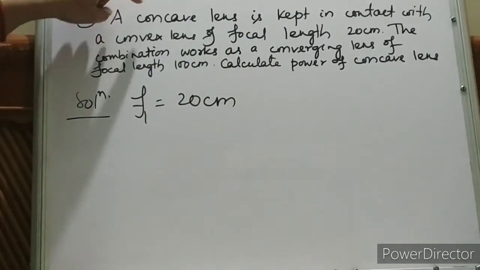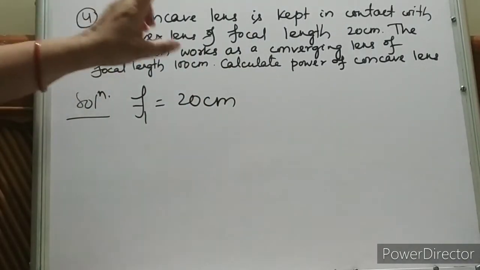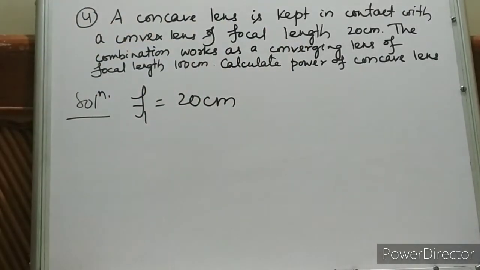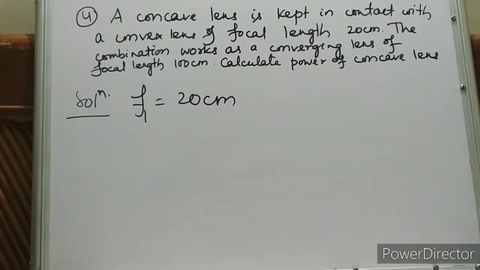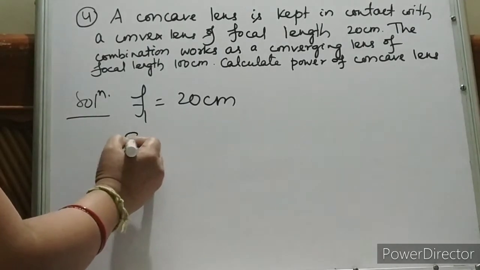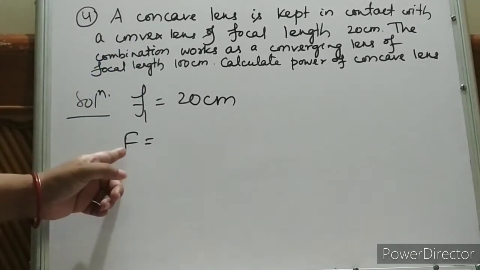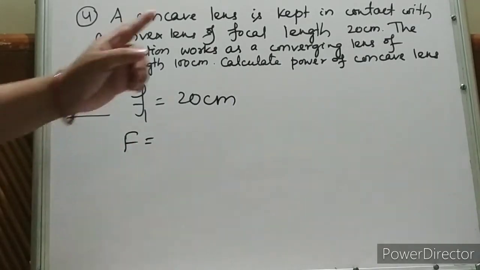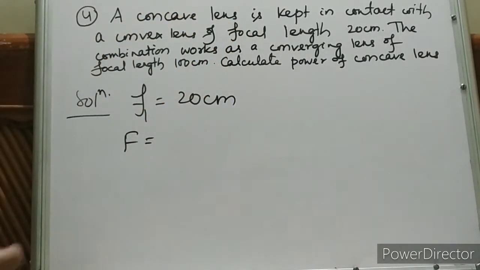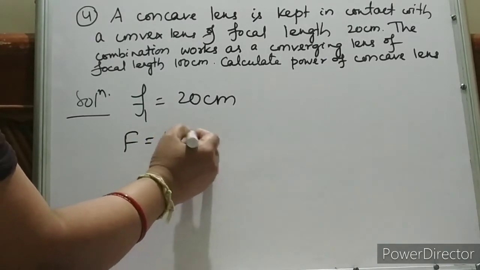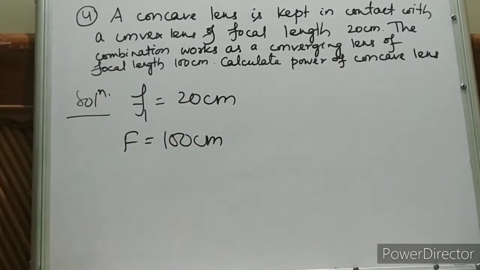The combination of this concave and convex lens works as a converging lens of focal length 100 cm. That means the combined focal length is given, which acts as a converging lens, so it is also positive 100 centimeter.